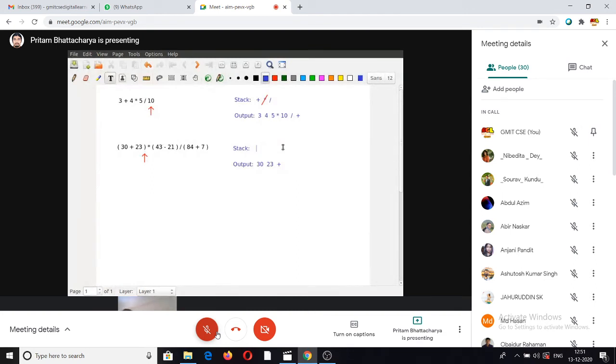So now once again the stack becomes empty. Maybe I should write it down and then scratch it out. So we have got 30, 23, plus, and I processed the opening parenthesis.